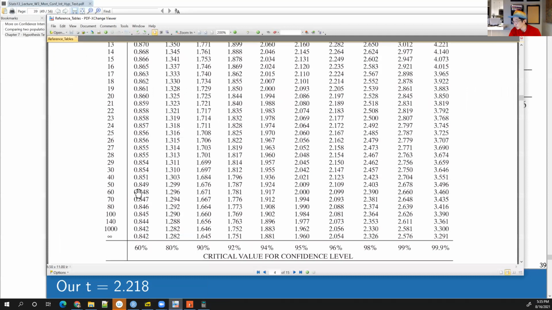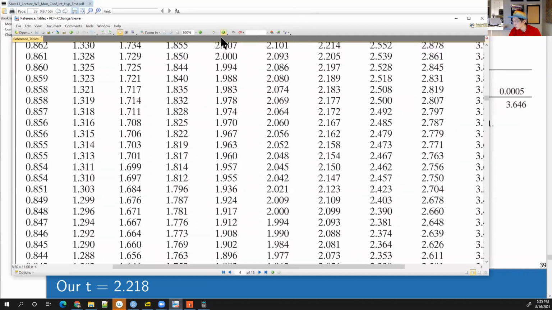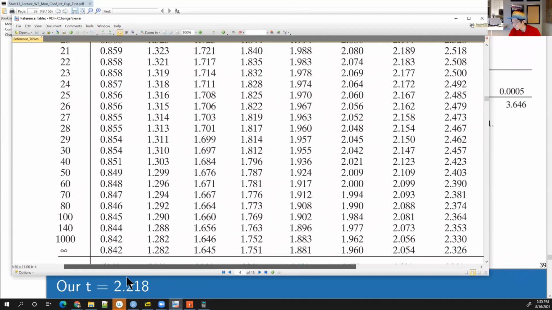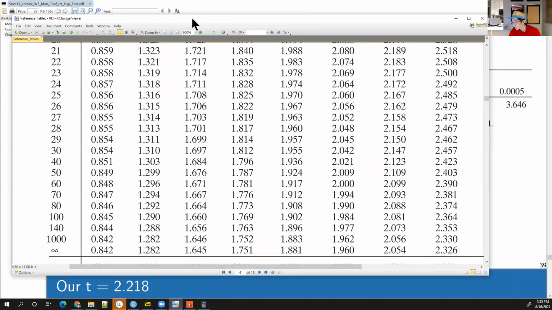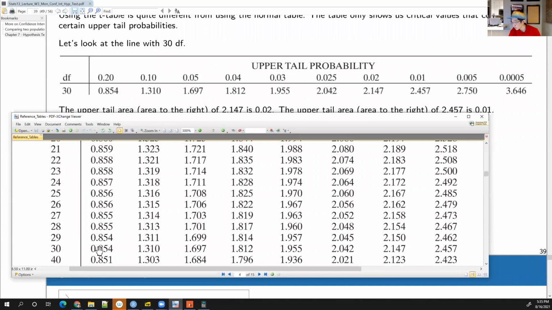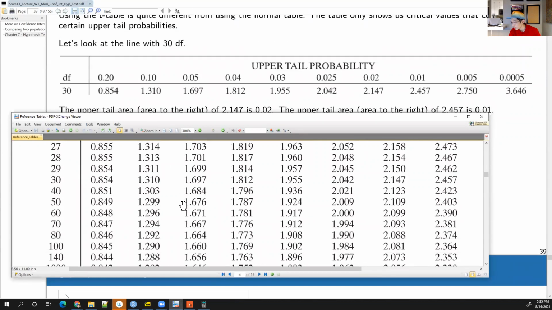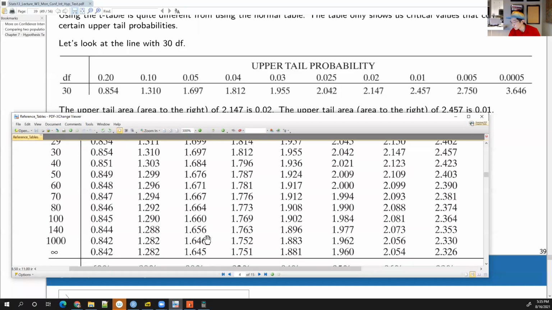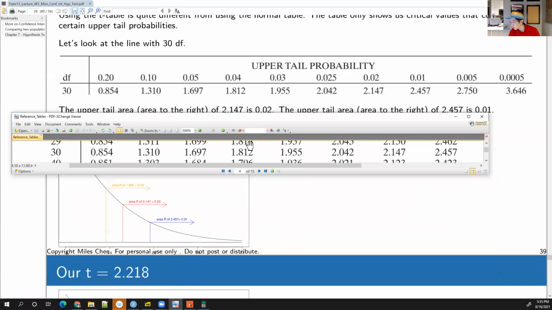If I zoom in onto this row for 30 degrees of freedom, I kind of cut and paste it here. So at 30 degrees of freedom, the first number is 0.854, and I have 1.310, 1.697, 1.812, 1.955, 2.042, 2.147, so on and so forth.